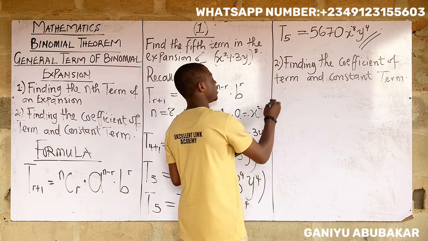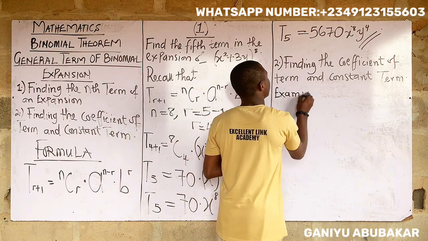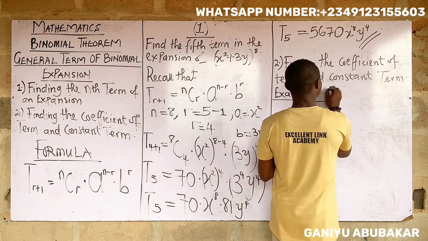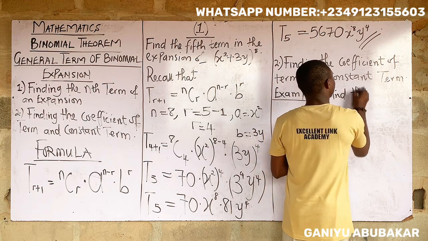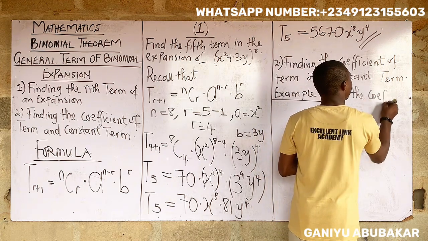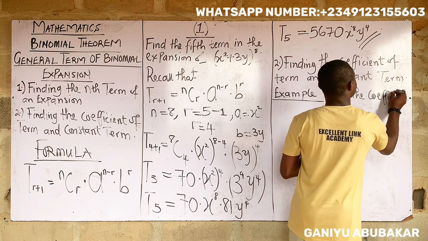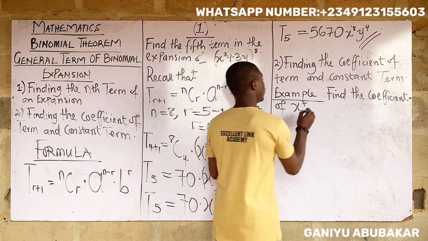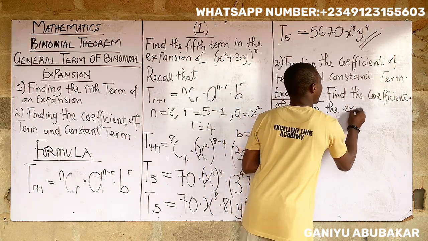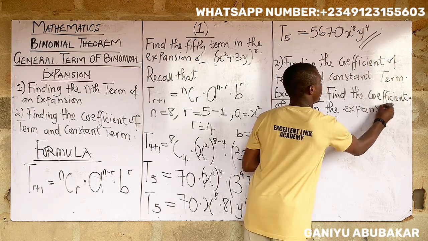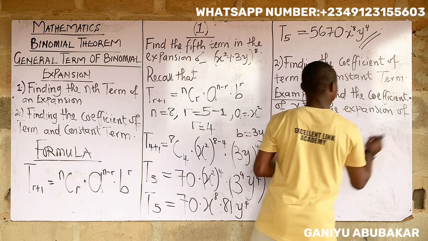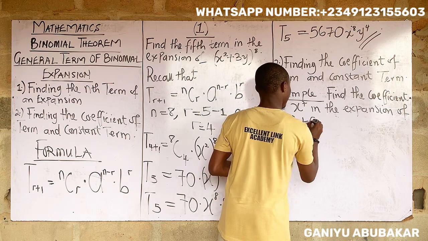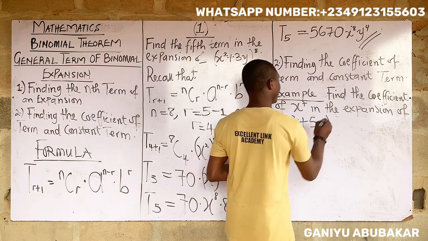Let's take example 1 there. It says: find the coefficient of x to the power 7 in the expansion of 2x squared plus 5x, all to the power 5.